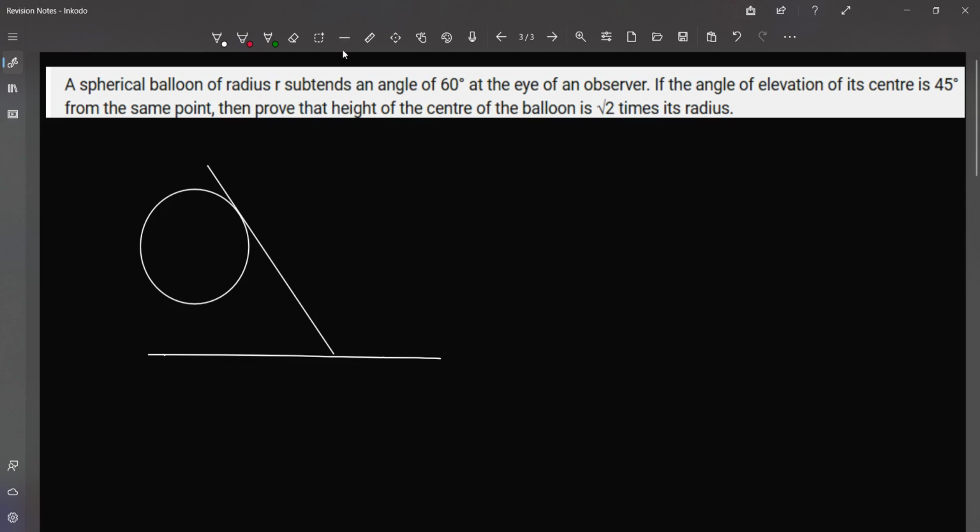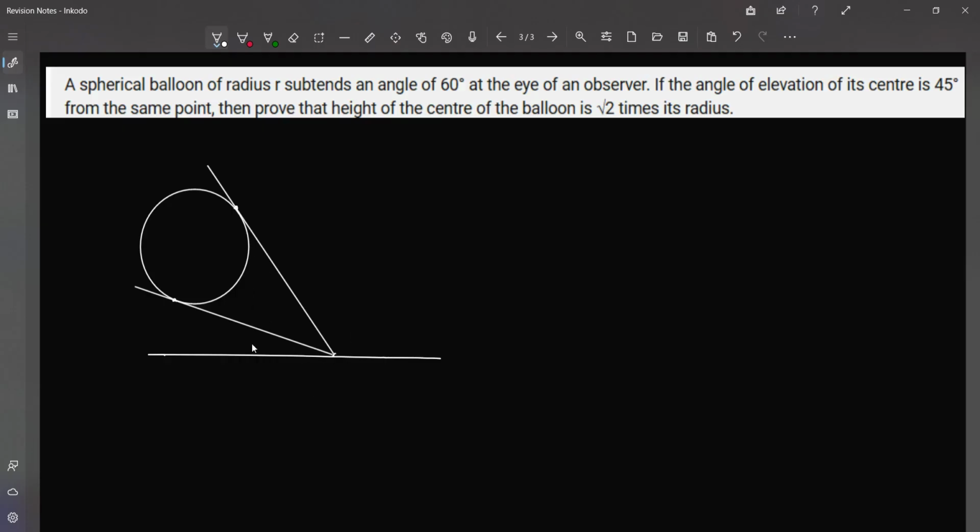And this question is slightly different. That's because the observer has the whole balloon in his view, which means he can observe the 2 points which form a line, the point of contact between his eyesight and the circle. So this will be tangential.